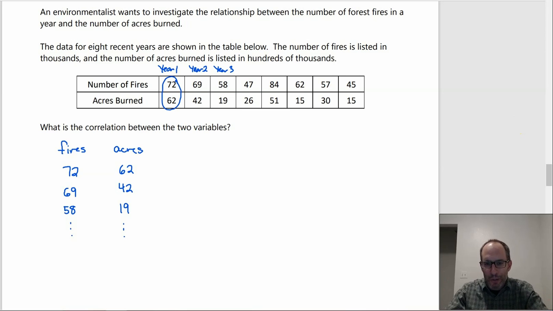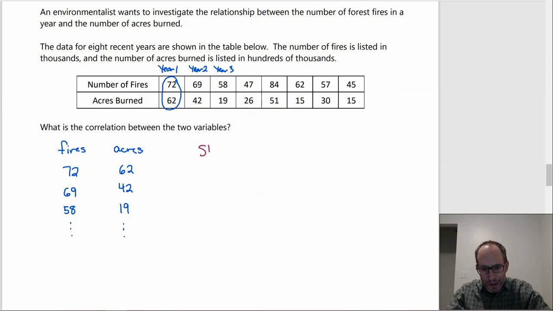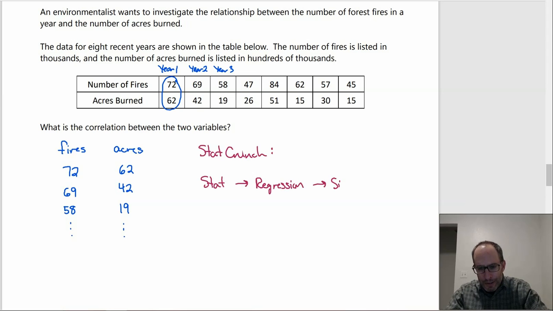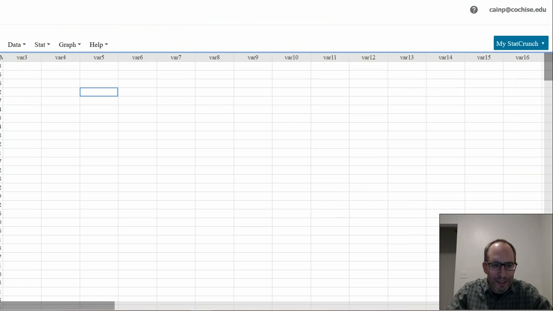All right, so then we want to use StatCrunch here. In StatCrunch, it's going to be the stat menu, then regression, and then simple linear. All right, so let's do it. I think I've got other data in StatCrunch right now, but let's get this out of here.